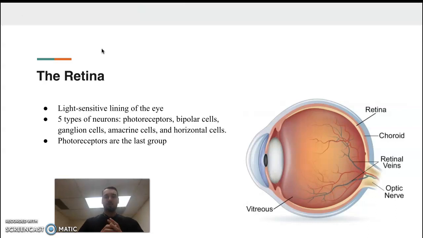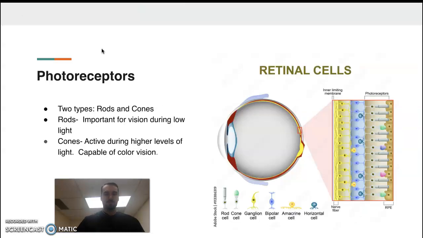So today the primary focus will be on the photoreceptors, which play an important role in how we are able to see and how valuable it is in terms of the optical pathway. And on the side over here you have a clear image of how the eye looks, and we're going to focus on the retina today.